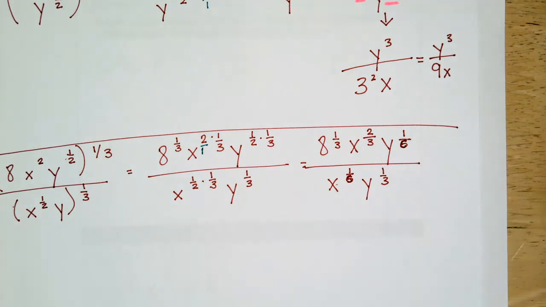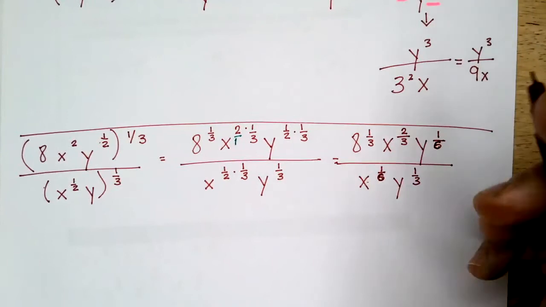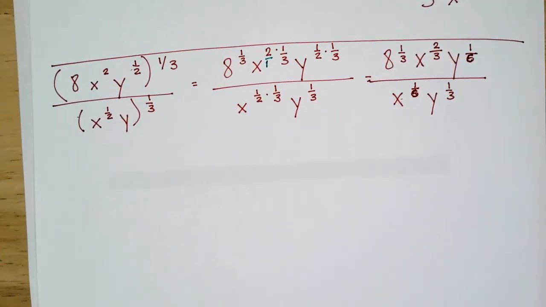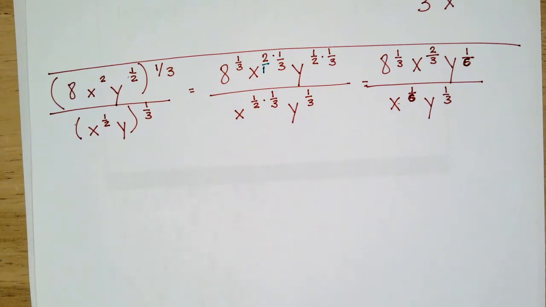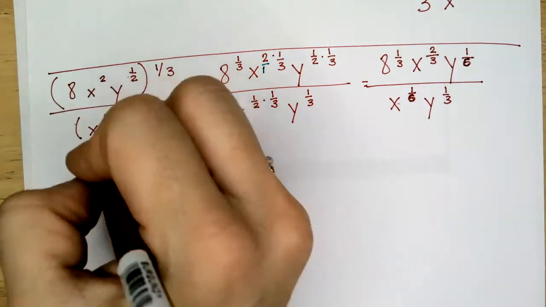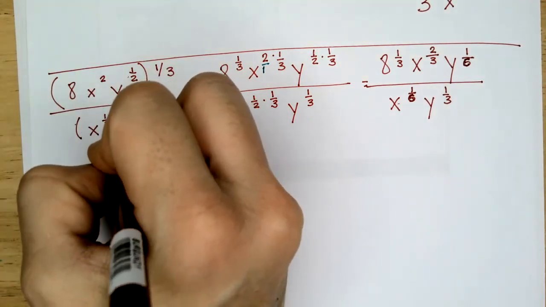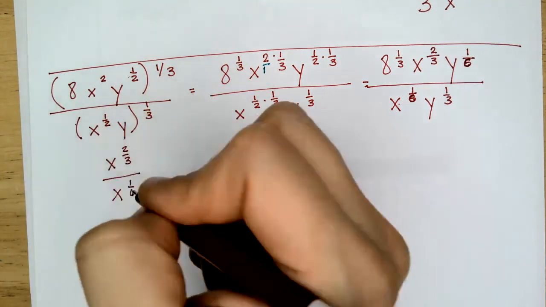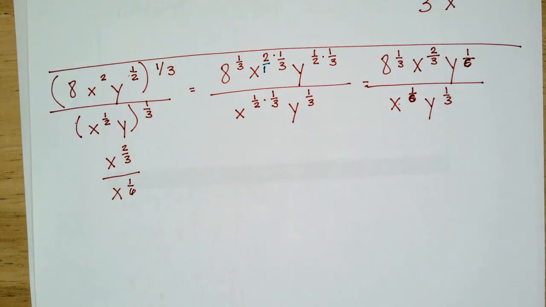Good. Now I have some common terms between the top and the bottom. When I'm dividing exponents, the rule of exponents is that I subtract, right? So for my x's, I can see that it is x to the 2/3 over x to the 1/6, right?